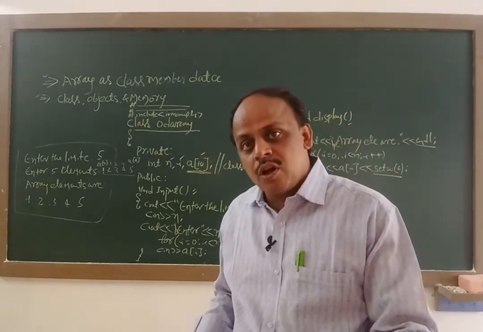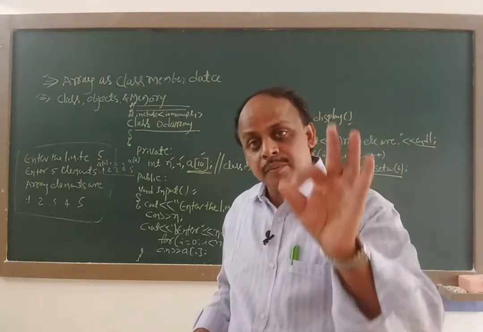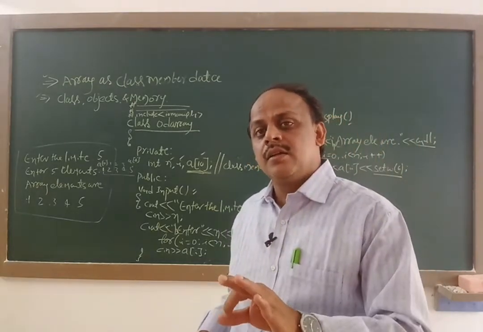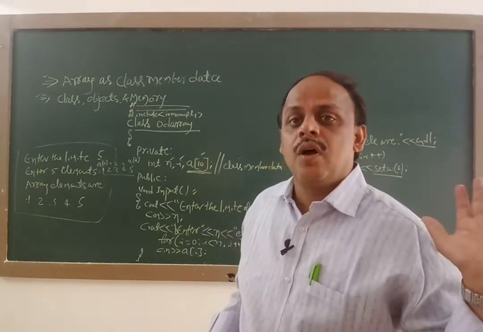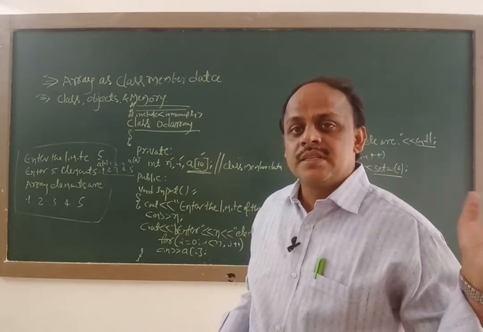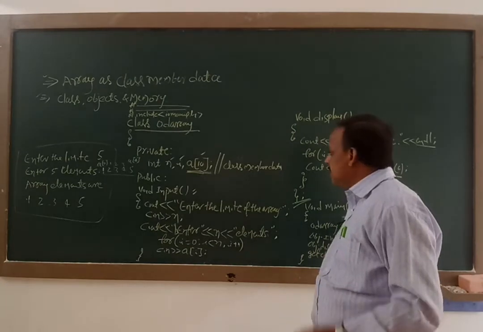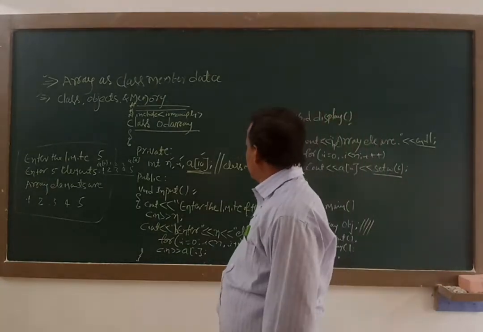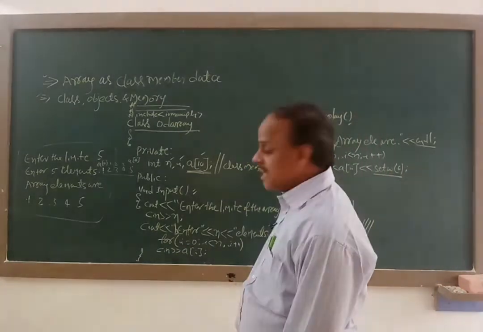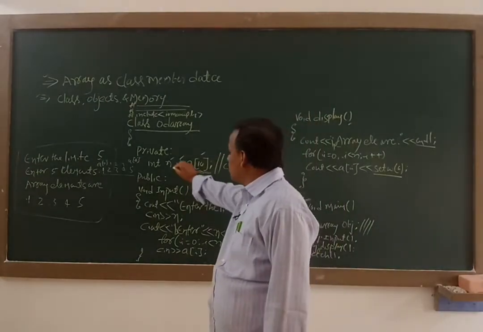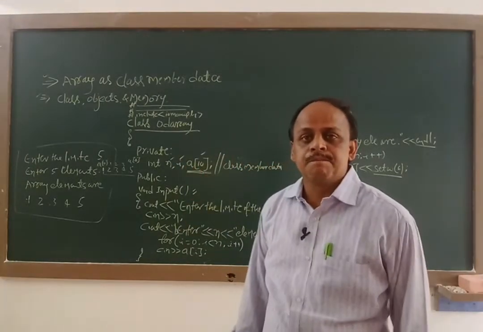Memory is going to be allocated only for member data after declaration of objects. Is it clear? It means after declaration of an object, memory is going to be allocated for that object.